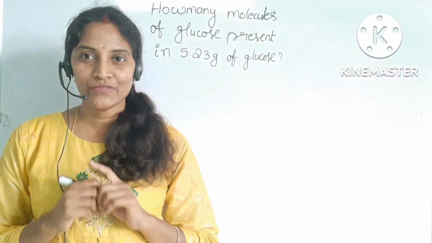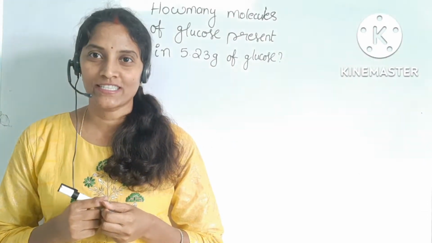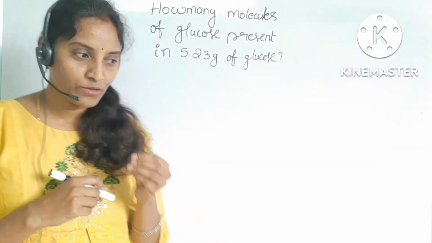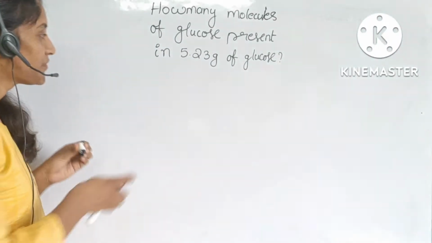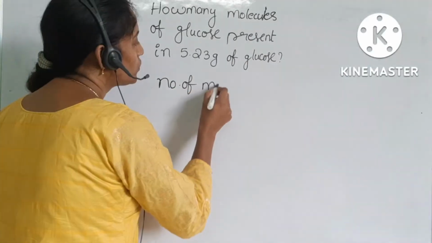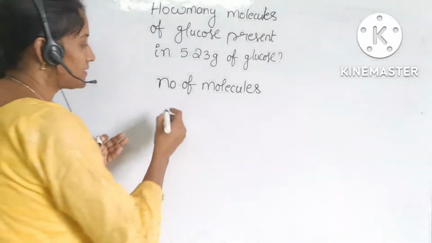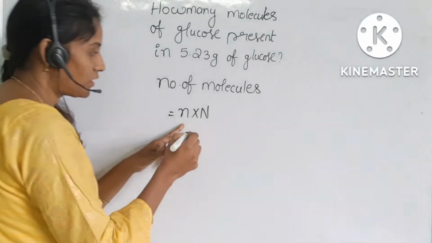In this problem, you should calculate how many molecules are present in 5.23 grams of glucose. For calculating the number of molecules, you should know the formula. Number of molecules in a substance equals n into Avogadro's number, small n being this one.